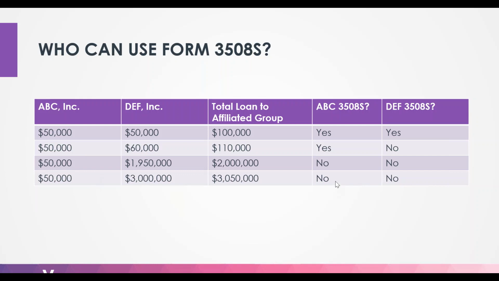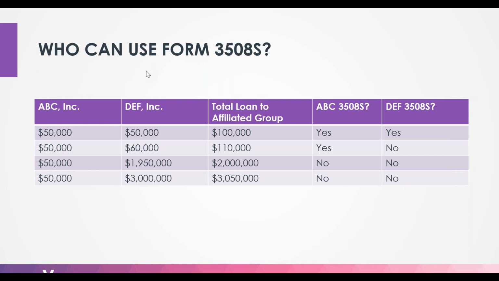No, they still can't, because the rule is that if your affiliated group is $2 million or more, you may not use the simplified process. Doesn't matter how much your own loan was for. And of course, DEF is disqualified as well. So I hope that sheds a little bit of light on the qualifications and who is eligible to use the form.